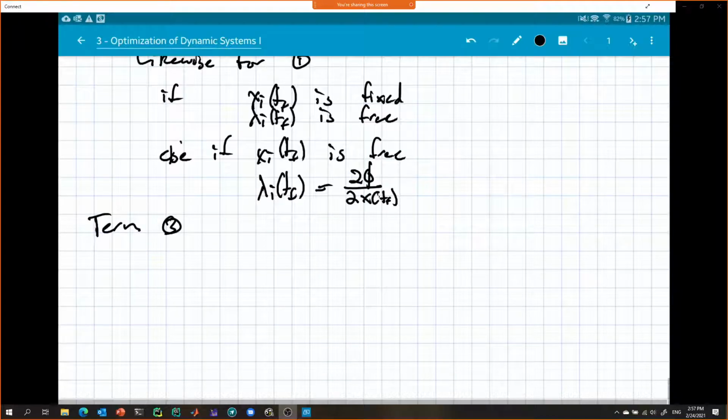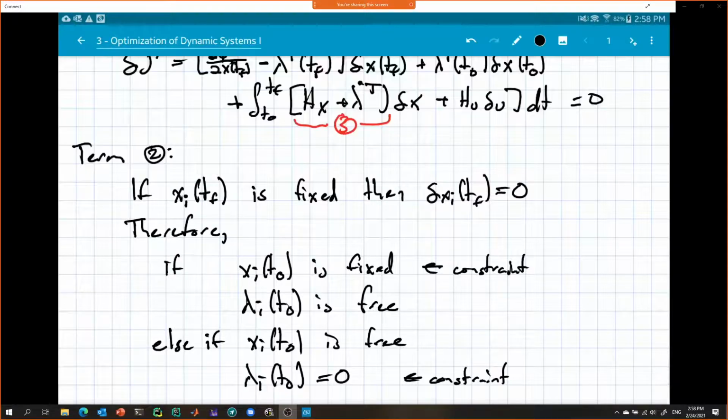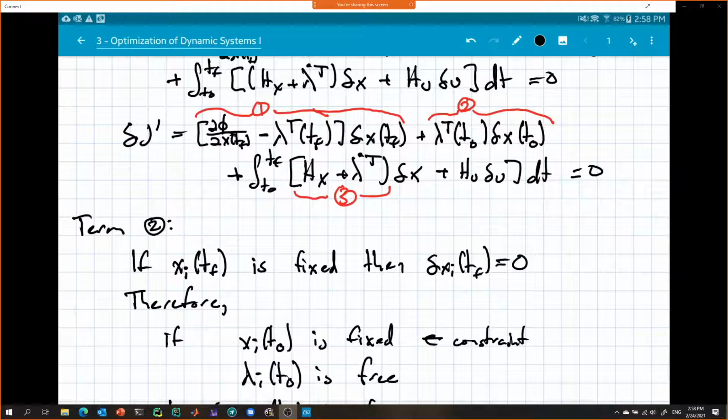So we need some dynamics for them. If we look back up at term 3, we want to eliminate this variation in x. So we set what's in the brackets there to 0.